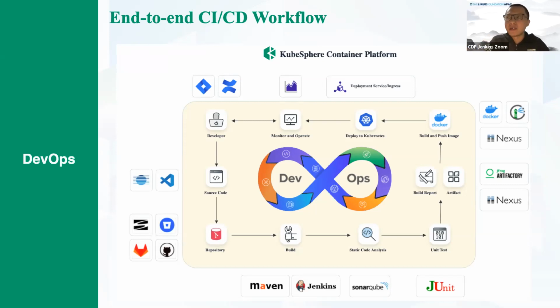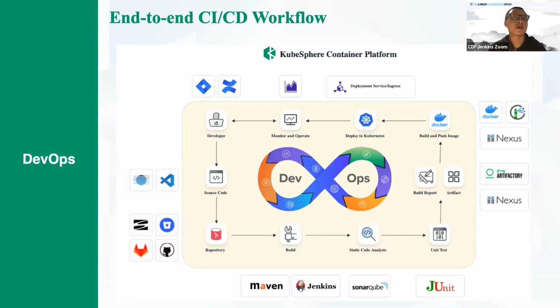GitLab is a pretty amazing Git repository. It has a community version, which is free, or you can buy the enterprise version. Once you push your code to the Git repository, the pipeline will start automatically.